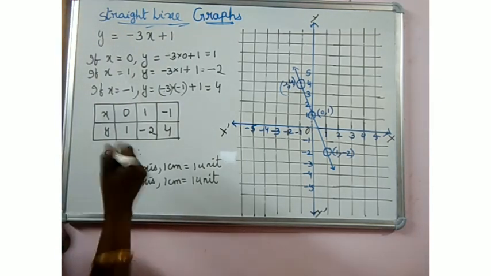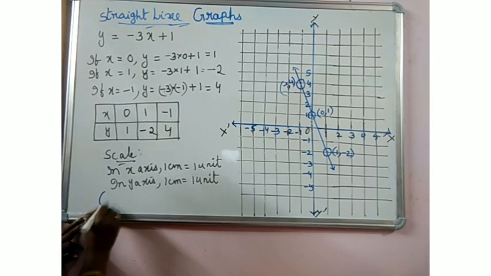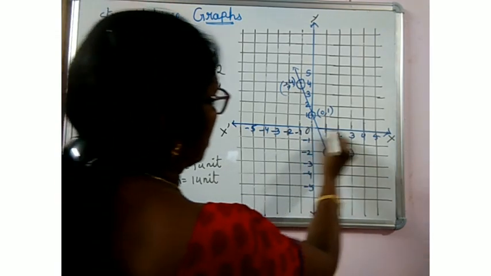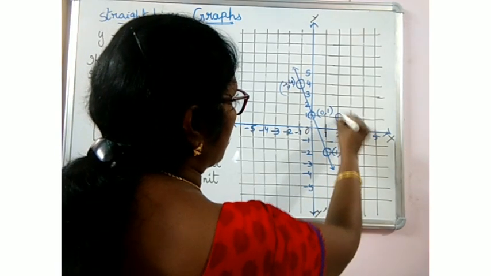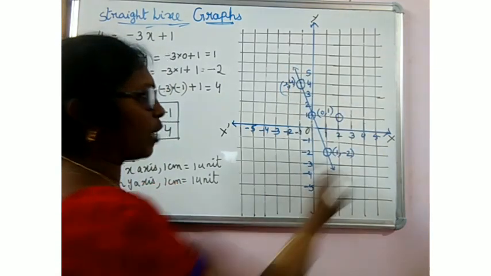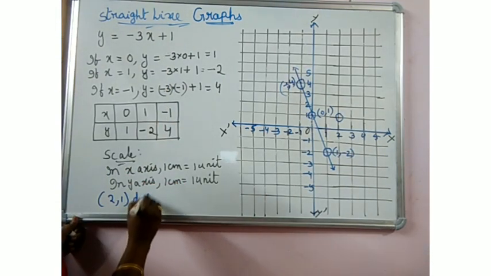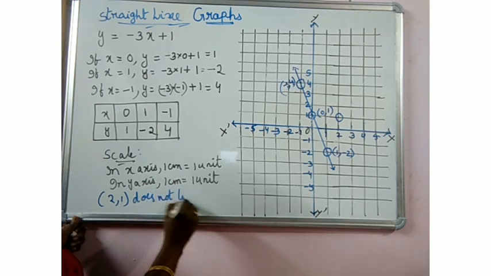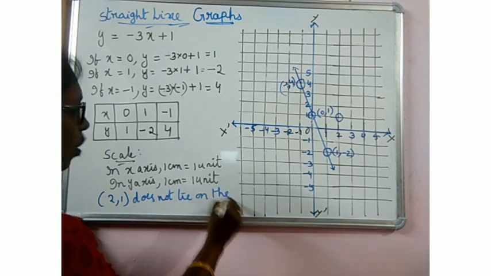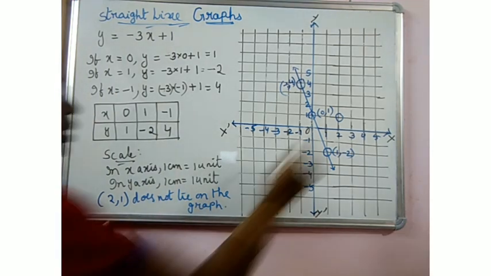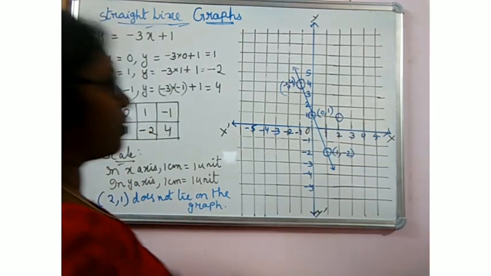If the question is whether point 2, 1 lies or not, this is x coordinate 2, y coordinate 1. Does this point lie on the graph? No. You can write: 2, 1 does not lie on the graph.